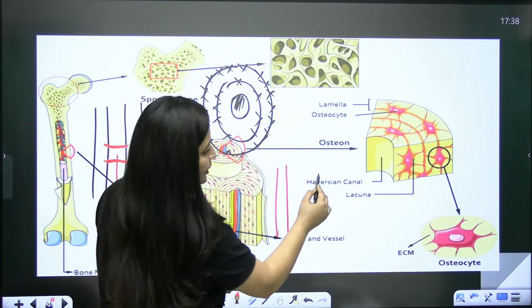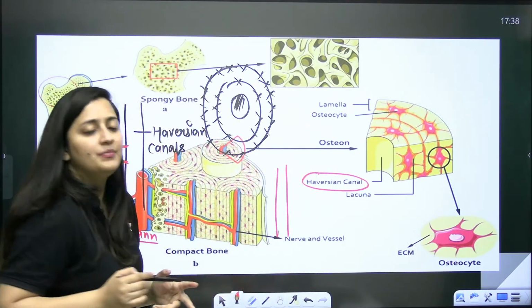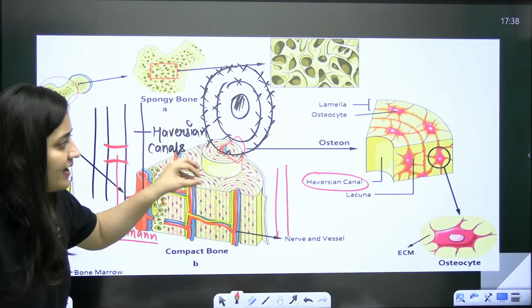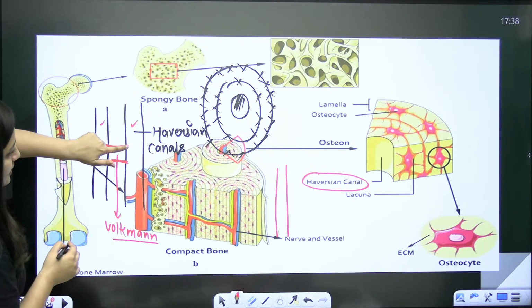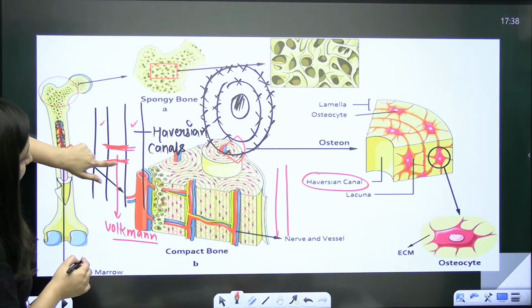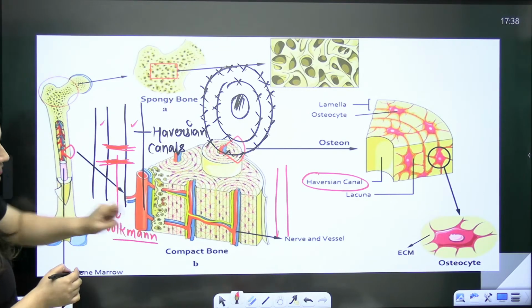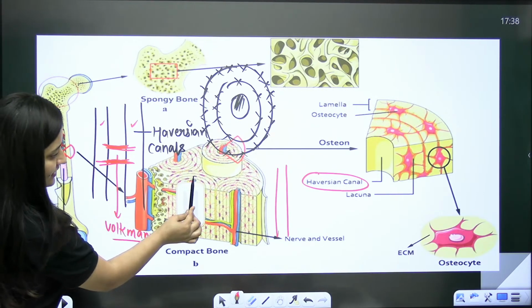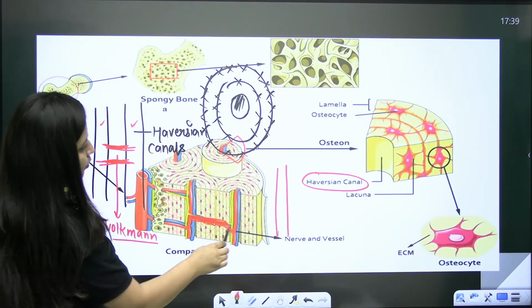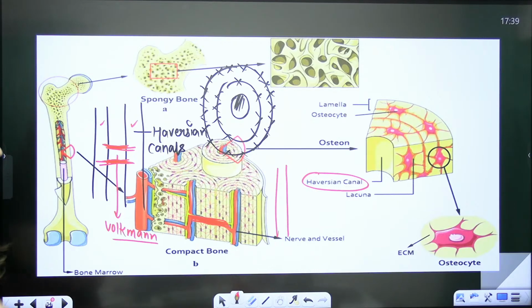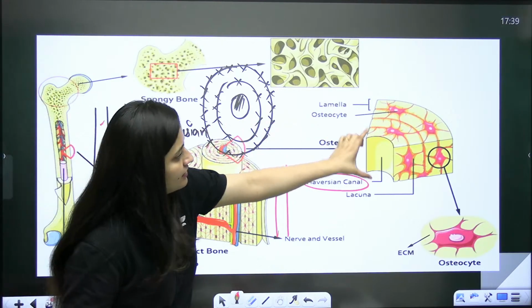For those longitudinal canals, you use the word Haversian. Like this is one Haversian canal, this is another. They are also linked together with the help of these transverse canals. They are the Volkmann's canals. This one is Haversian, this one is Haversian, and this one present in between is Volkmann's canal. Clear?